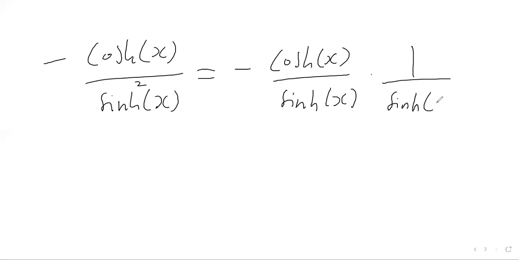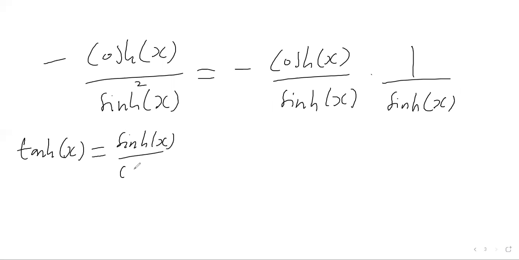And then it should be a bit clearer how we can rewrite these bits. We know by definition, from the previous videos, that hyperbolic tan of x is hyperbolic sine over hyperbolic cos. And so 1 over hyperbolic tan, which is defined to be coth, or hyperbolic cot, is going to be cosh over sinh.